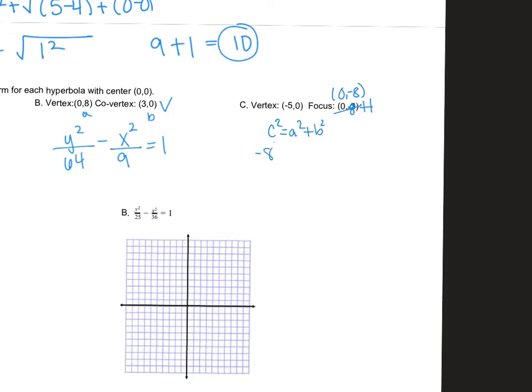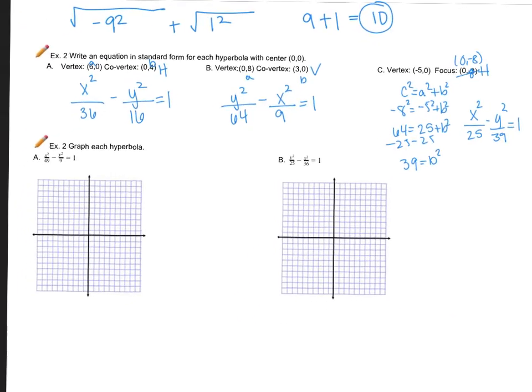Negative 8 squared equals negative 5 squared plus b squared. 64 equals 25 plus b squared. So b squared equals 39. So this one is going to be x squared over 25 minus y squared over 39 equals 1.